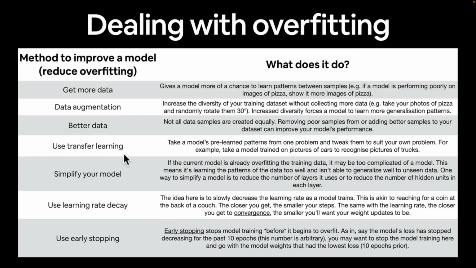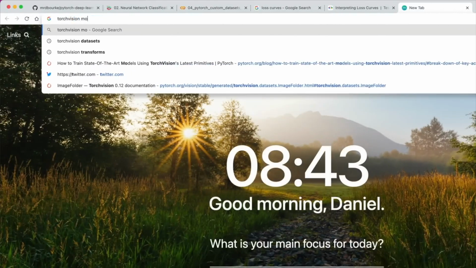Use transfer learning. So we're going to cover this in a later section of the course, but transfer learning is taking one model that works, taking the patterns it's learned and applying it to your own data set. So for example, I'll just go into the Torch Vision models library.